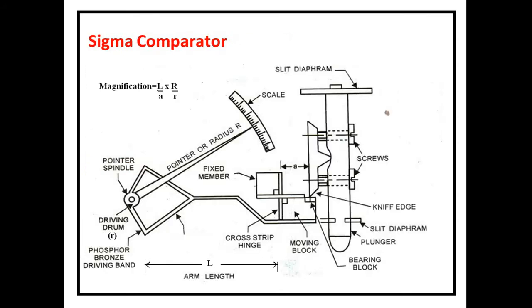Out of Sigma and Johnson, one of the comparators is asked many times. As I told you, in this case the objective is to achieve magnification. We want to study how the magnification takes place and what the amount of magnification is.